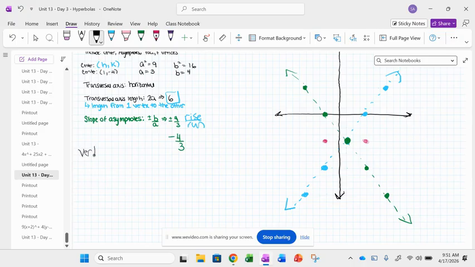We have two vertices. The one point is going to be -2, -4. And the other vertex is going to be 4, -4. So those are the two vertices.